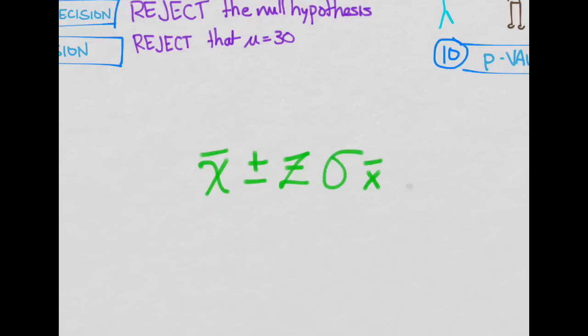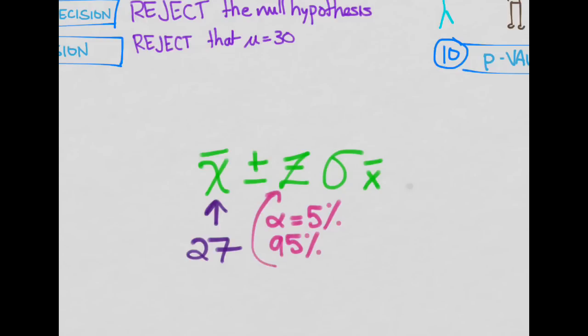Now, we have all this information already. Our sample mean, we said, was 27, right? And then we had chosen to set our alpha at 5%, or that is, we wanted to have a 95% certainty or 95% confidence interval. And if we look in a z-table for this, we know that this is then going to be 1.96.